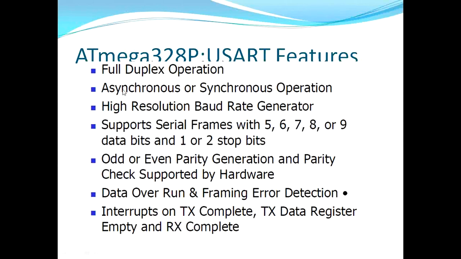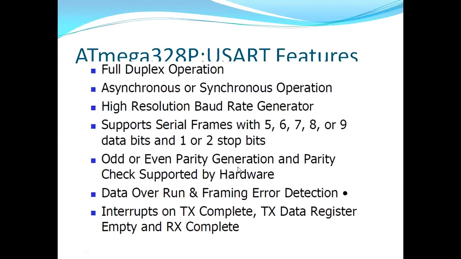We have both options, asynchronous and synchronous, and we have a high resolution of baud rate, so we can use different baud rates as per the requirement of serial communication. It supports serial frames with 5, 6, 7, 8 or 9 data bits, one start bit and one or two stop bits.